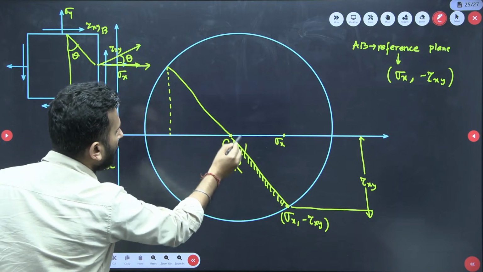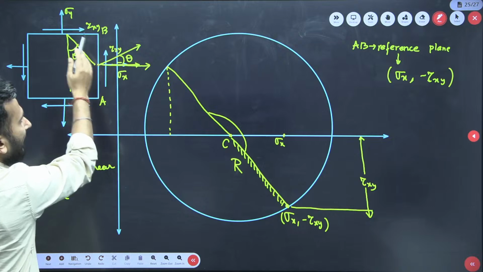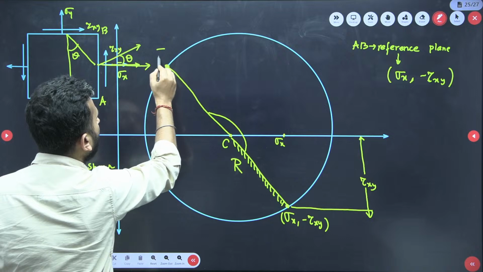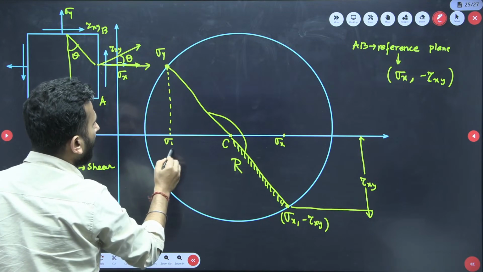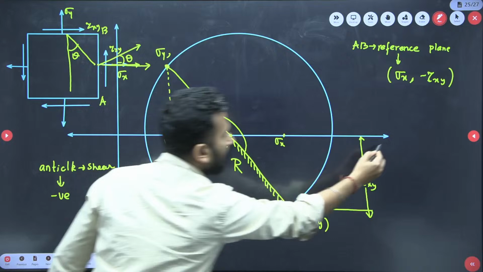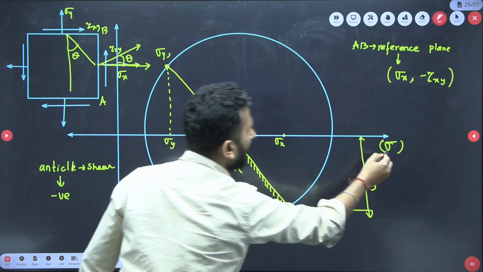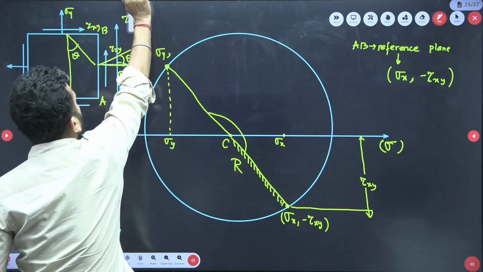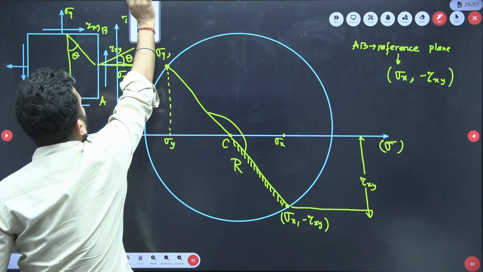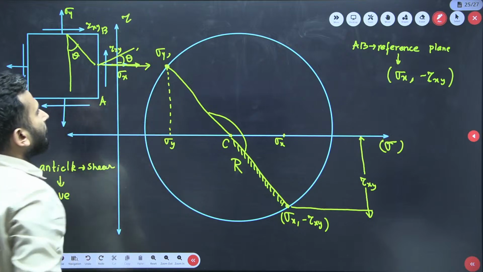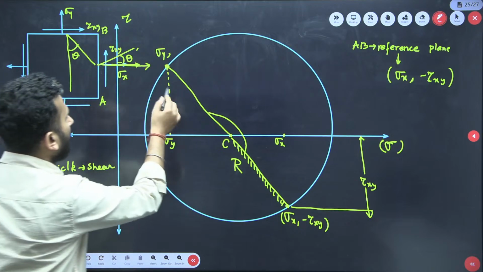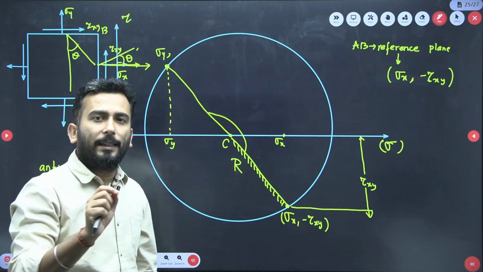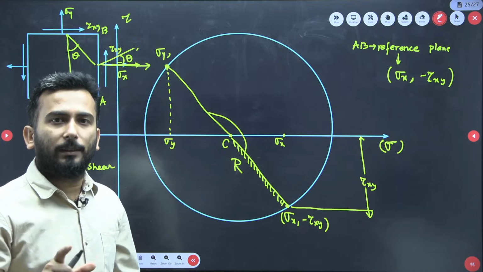Since I rotated 90 degrees anti-clockwise, here it will be 180 degrees anti-clockwise, and the coordinate of this will be sigma y, comma, tau. One thing we forgot, we have to mention the axes also: this is sigma, and this is tau. On the y plane the orientation is clockwise, so it is positive.